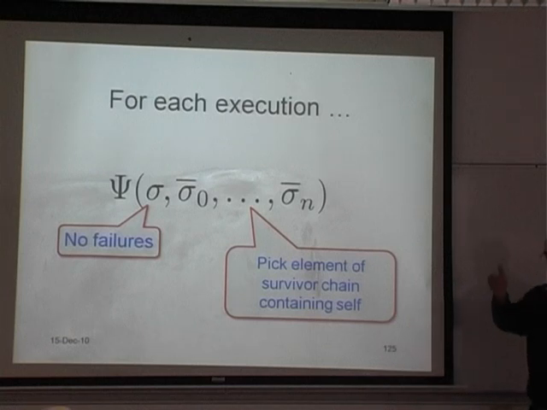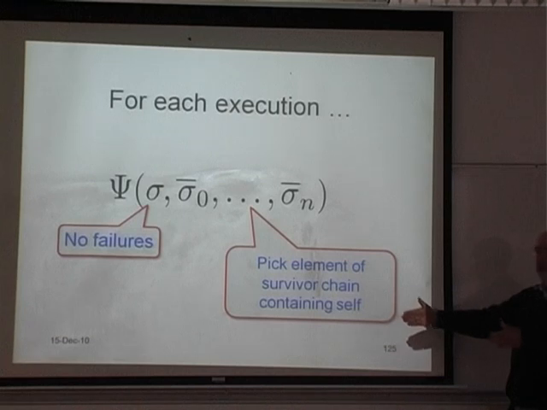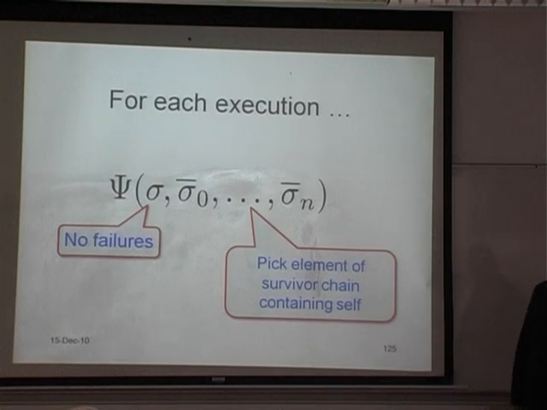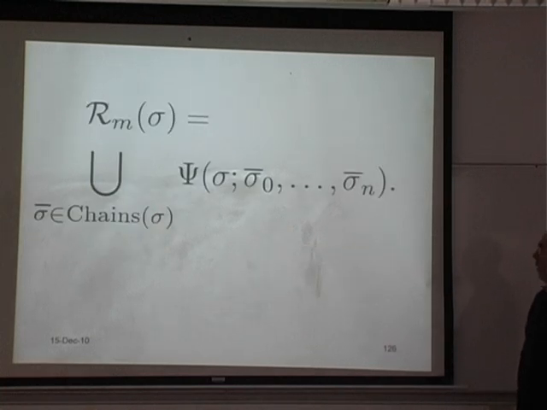You go to where you wrote, and then you pick some point after that. And again, this is a pseudosphere because everybody can independently choose which one they want to see. There's no dependencies among them. And then we take the union of this over all the chains. So again, the one-round operator is a union of pseudospheres.